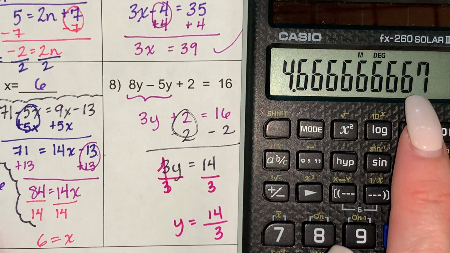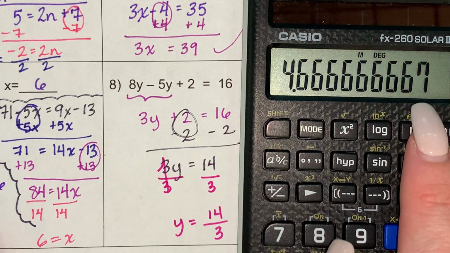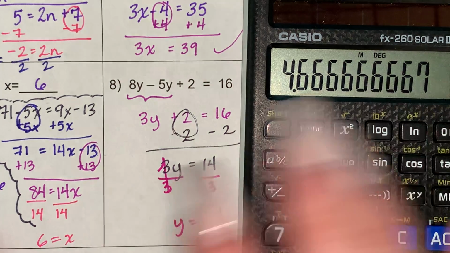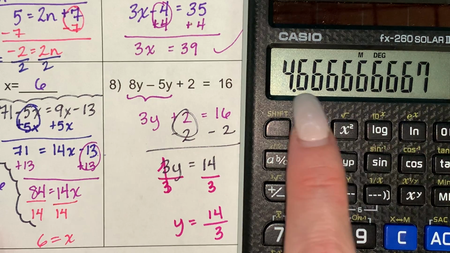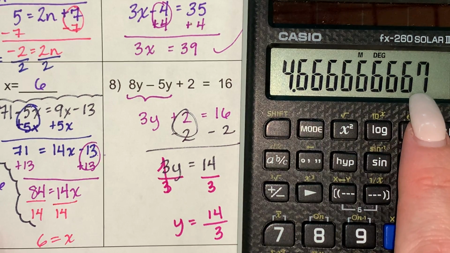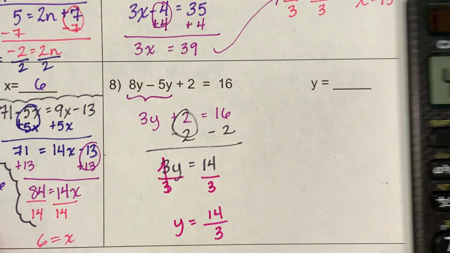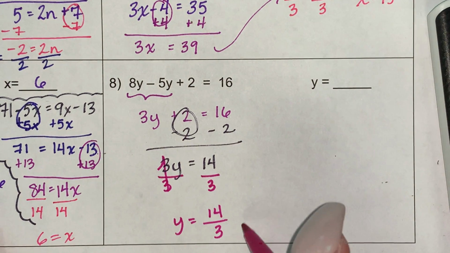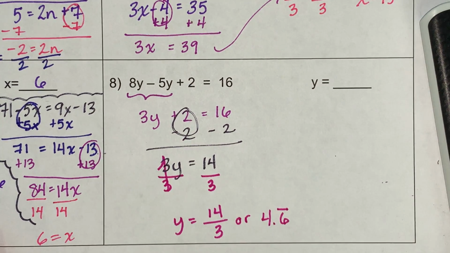It actually doesn't end in a 7. It keeps going with a 6. The calculator just rounded for you. The problem doesn't tell you to round, so you're not actually allowed to write anything with this 7 because that's a rounded number. If you were going to write it, you could write it as 4.6 repeating.